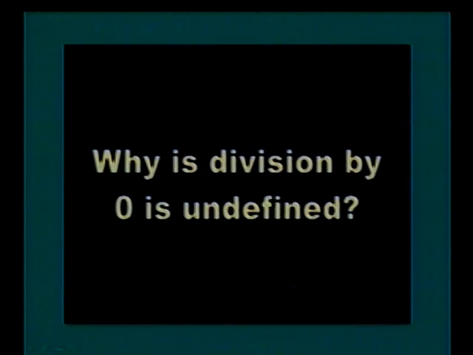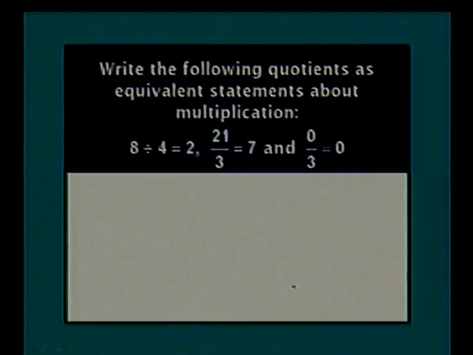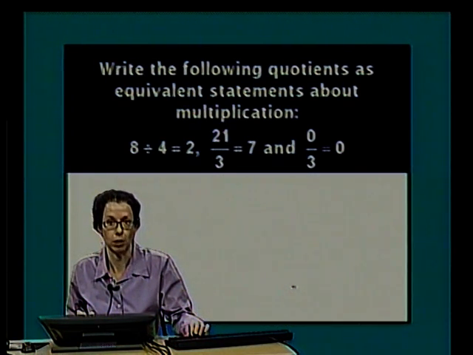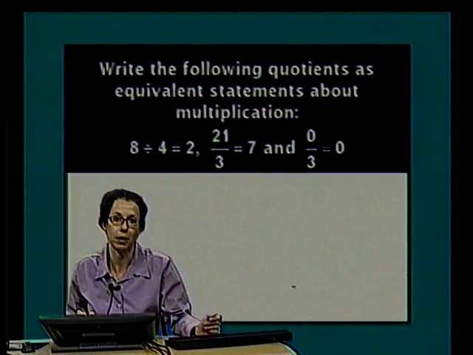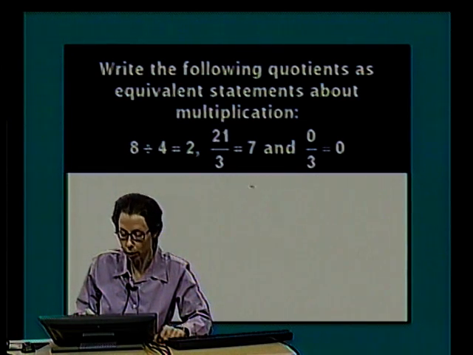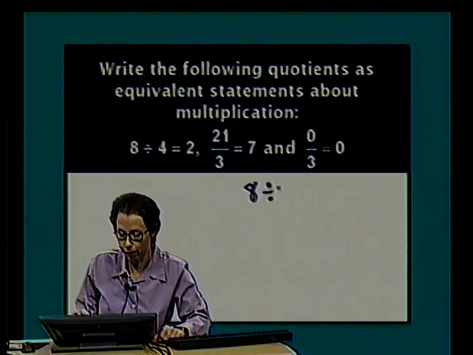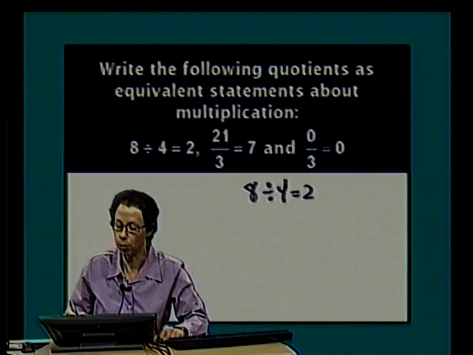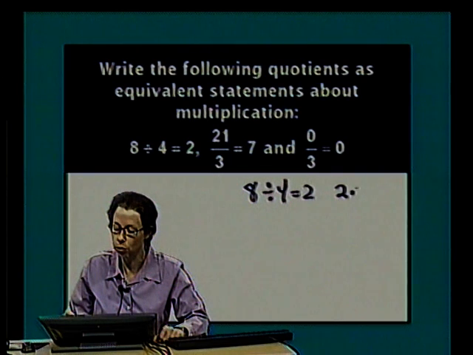So now we have to think about, why is division by 0 undefined? What we're going to do is look at 3 quotients, and think about equivalence statements using multiplication. In the first example, we're going to look at 8 divided by 4 equals 2. The reason why I know 8 divided by 4 equals 2 is because 2 times 4 equals 8.